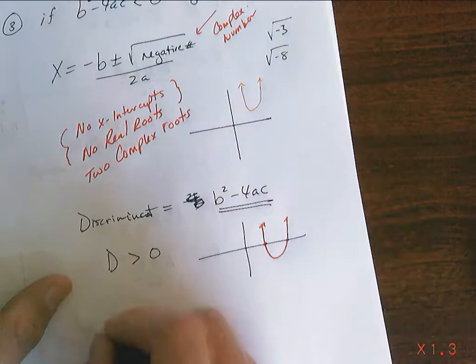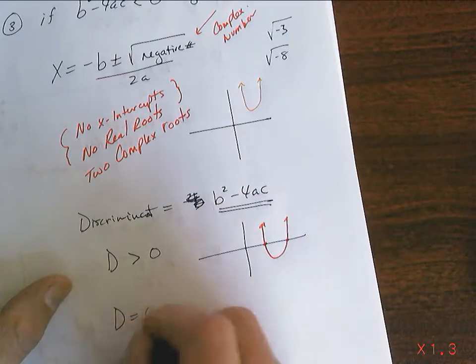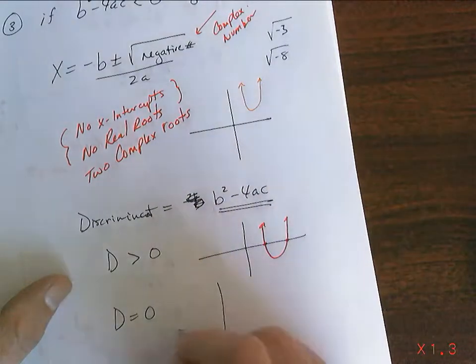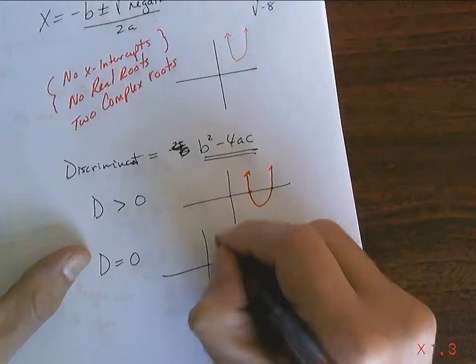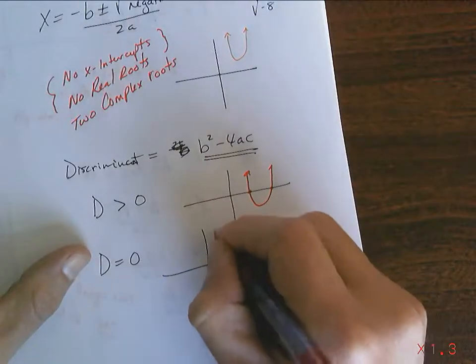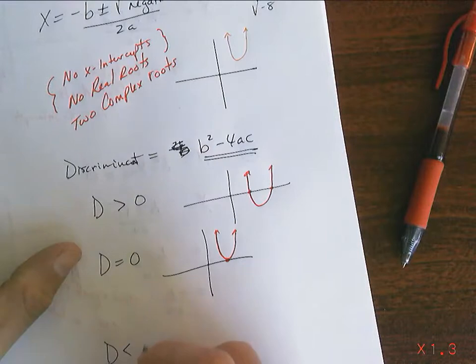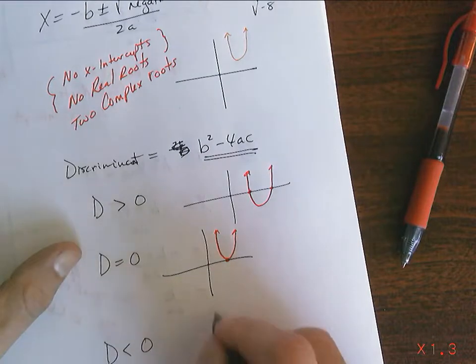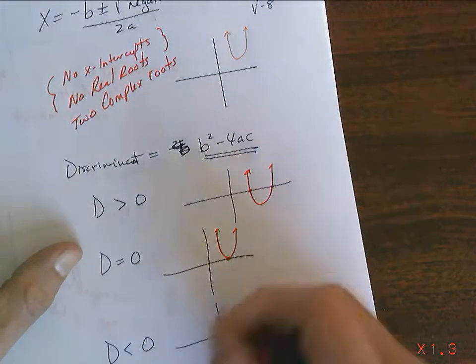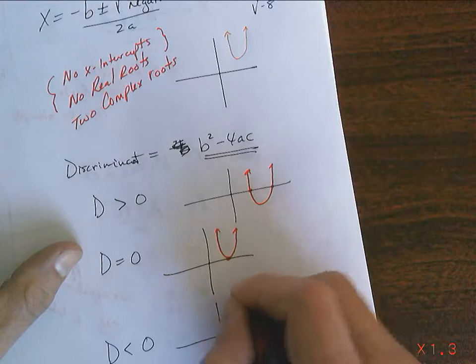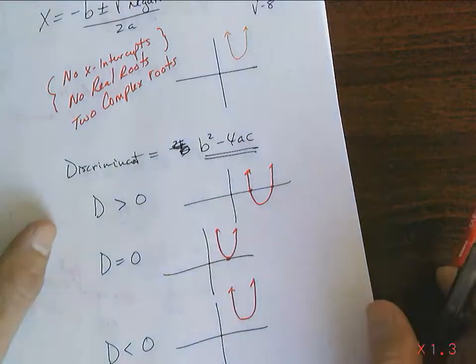If your discriminant is equal to 0, you're going to get a quadratic that has one x-intercept. And if you have a quadratic that has a discriminant that's less than 0, negative, you're going to get no x-intercepts. It's not going to cross anywhere.